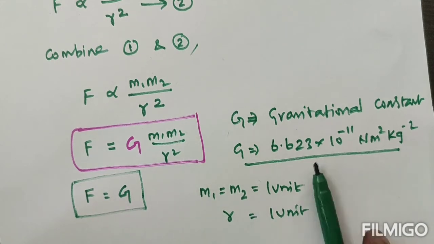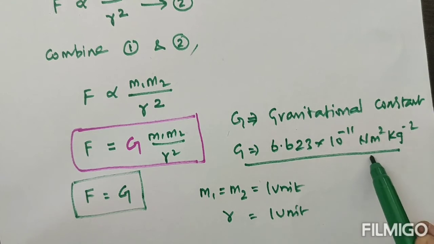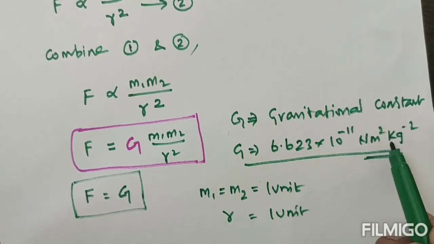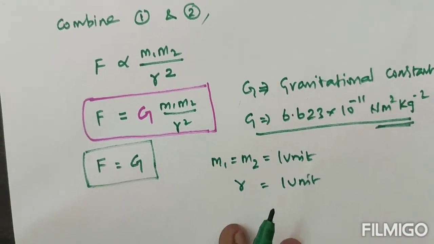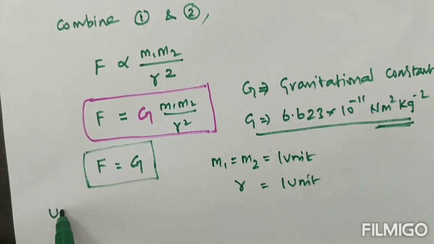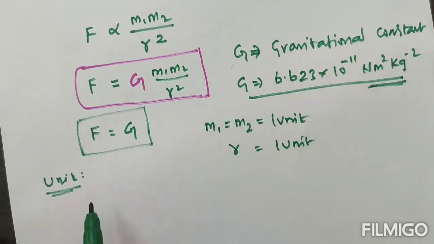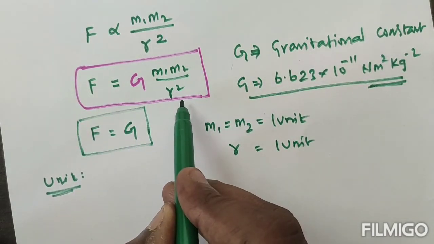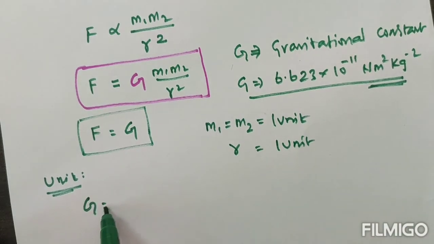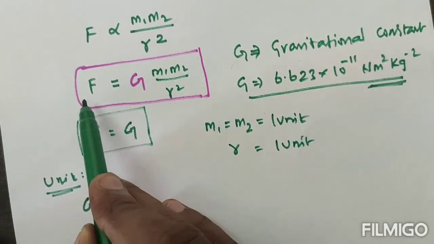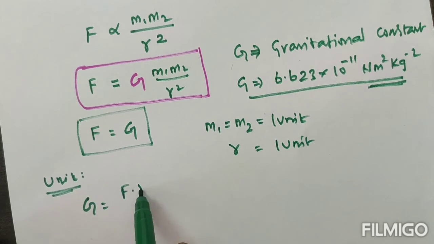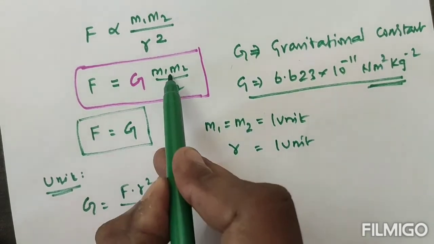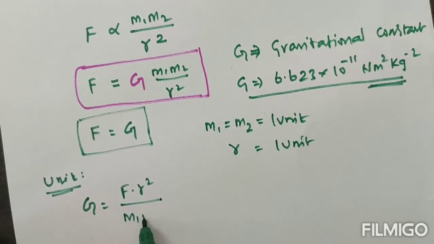Right. Now just observe this unit, Newton meter square per kilogram square. How do we know this unit? We know the formula F is equal to G into m1 m2 divided by r square. Therefore G is equal to F into r square, divided by m1 m2.